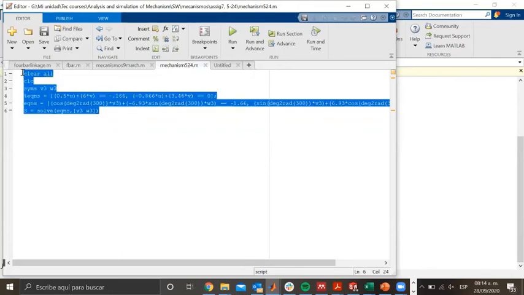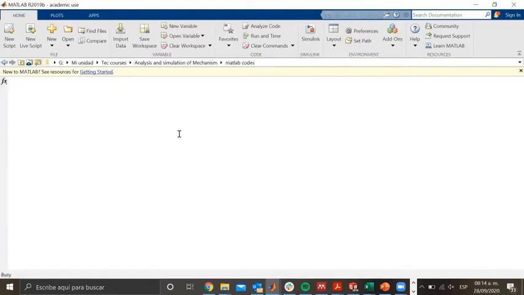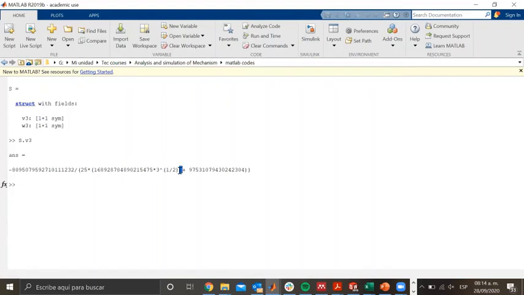If I run this again, and then I say, tell me whatever B3 is equal to. Okay, I need to expand this. Minus 0.83, that's what we got, right?